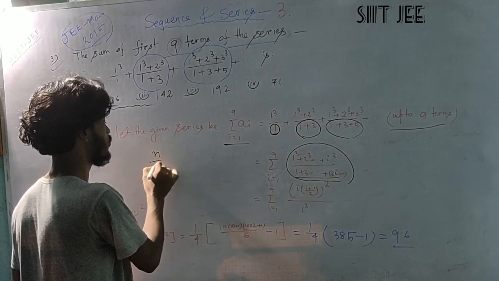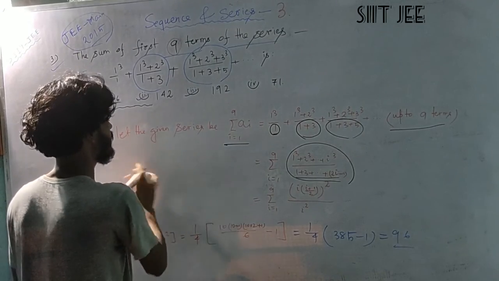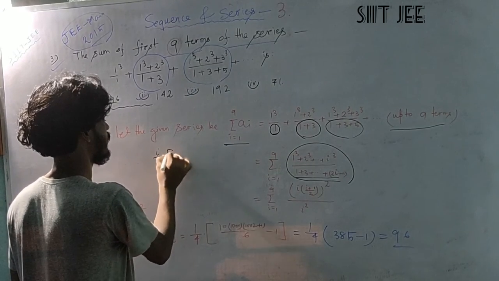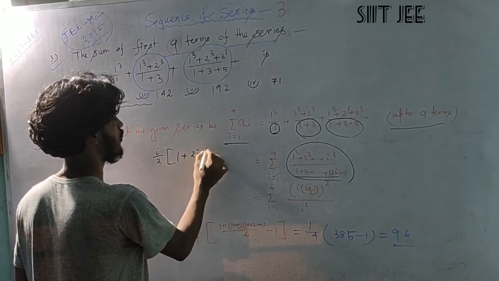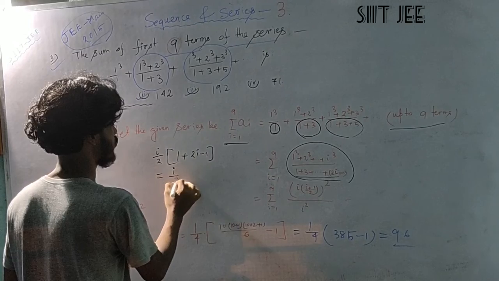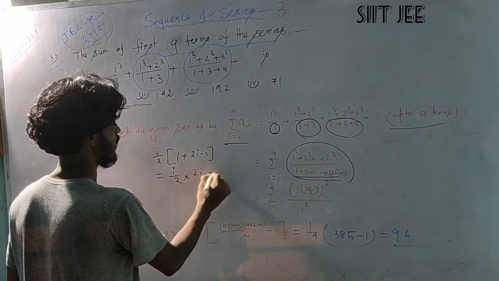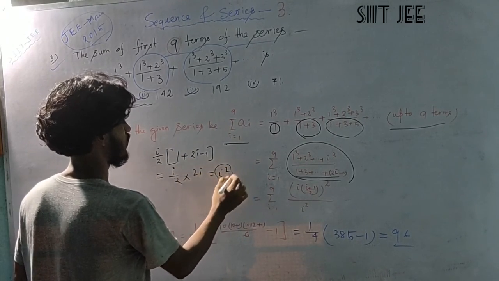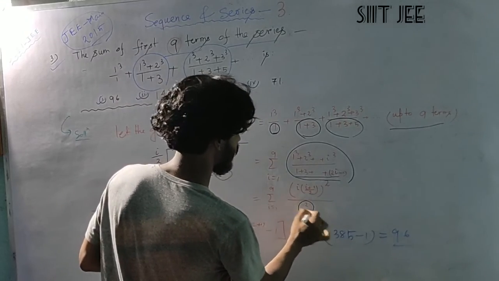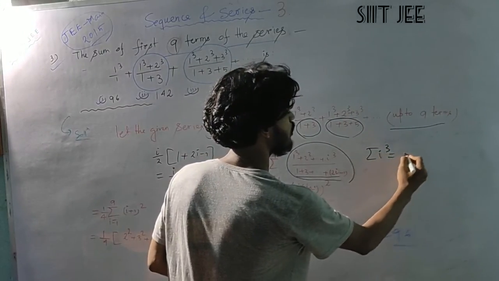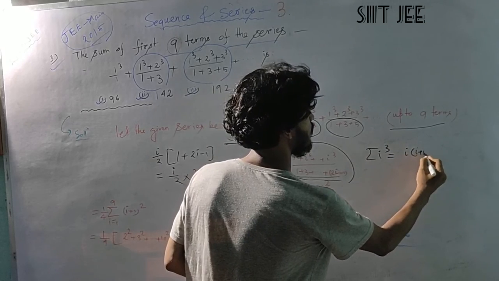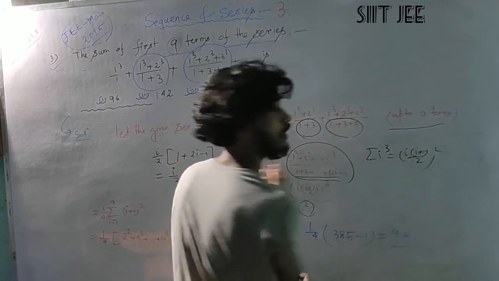and we know the sum of i odd terms is i by 2 in general times first term plus last term, where the first term is 1 and the last term is 2i minus 1. So i by 2 into 2i is equal to i square, and that is written here as i square. Also you know that summation of i cube equals i into i plus 1 by 2 whole square.